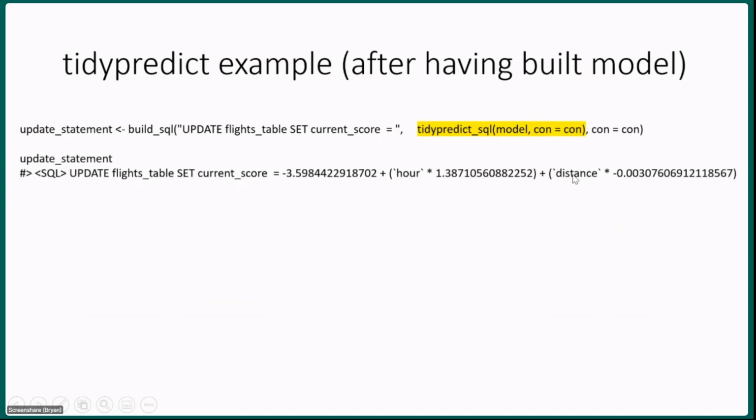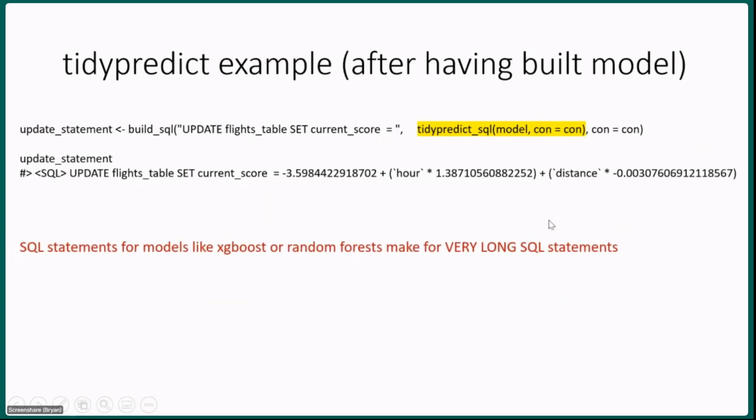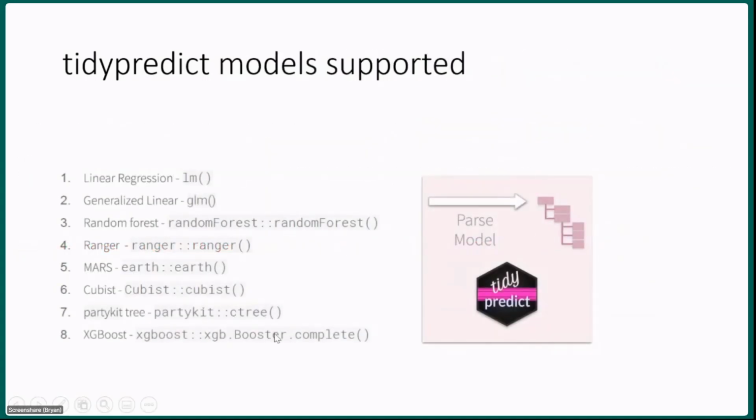In the references, they have an example using an XGBoost model, and you can see there's a much longer SQL statement. Here are the current models that are supported by this package. Again, this is a way of generating SQL statements that will produce predictions for some model that you built locally.